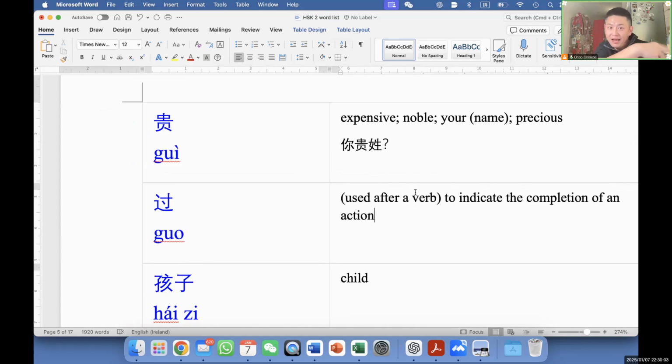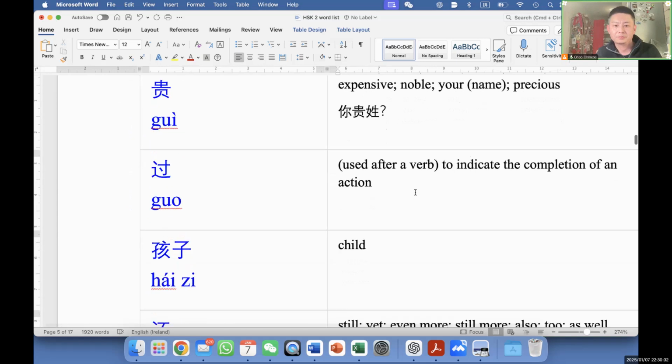The action has passed from A to B in the past. So we usually translate 过 after a verb into he had done this thing. He had the experience of doing this. Like 我吃过米饭. I have eaten rice before. Not like I have had rice. No, I've had the experience of having rice before. That's the meaning of 过.